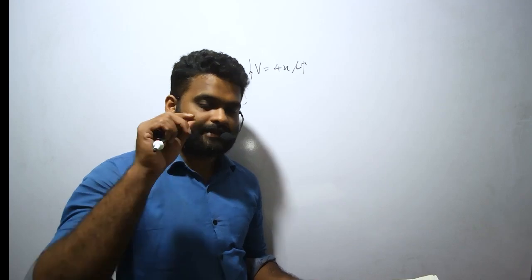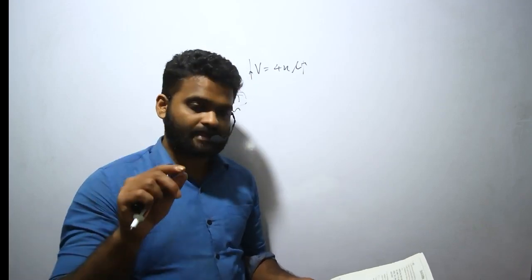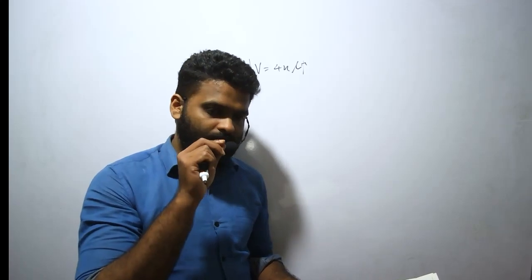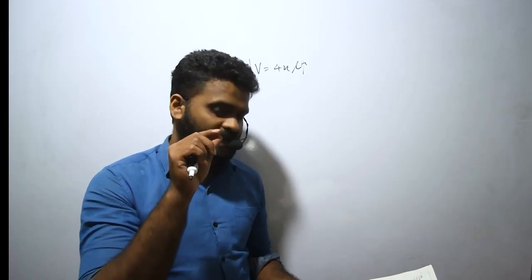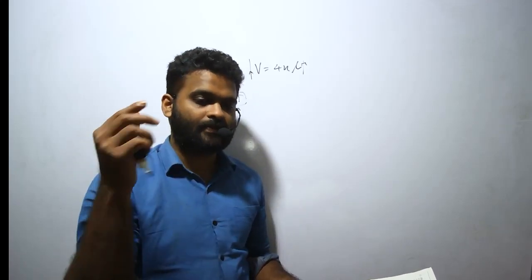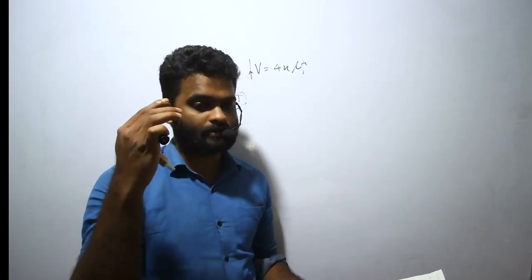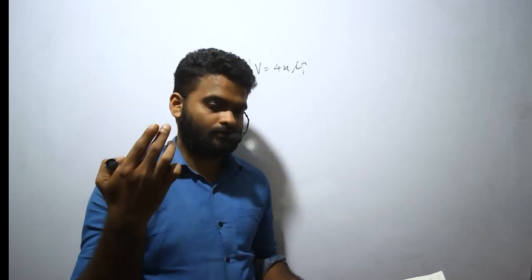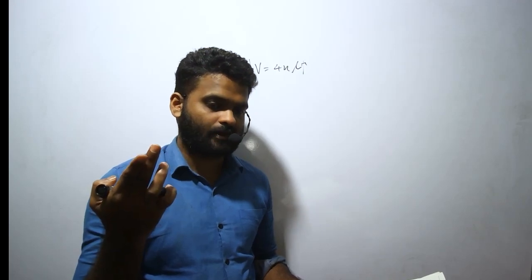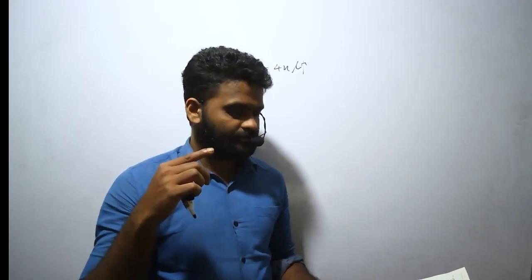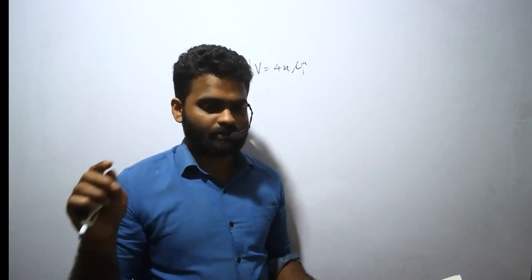Then they are asking for the reasons, so write the reasons. Don't write only the reasons. First you have to mention that it will be more than 35 centimeters, and after that write the reasons. Otherwise you would lose 1 mark for the first question. So first write L will be more than 35 centimeters.